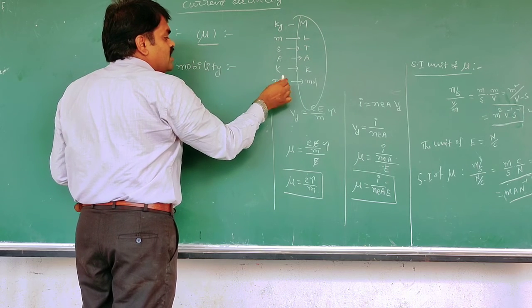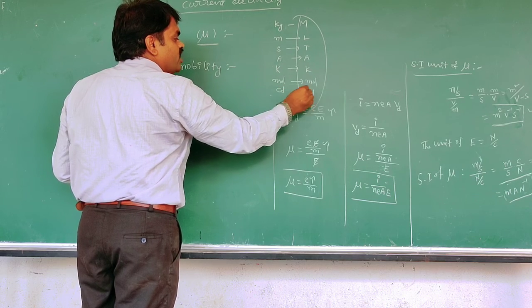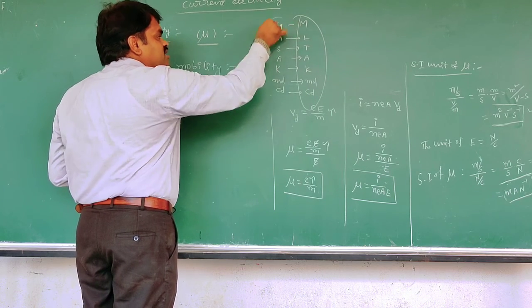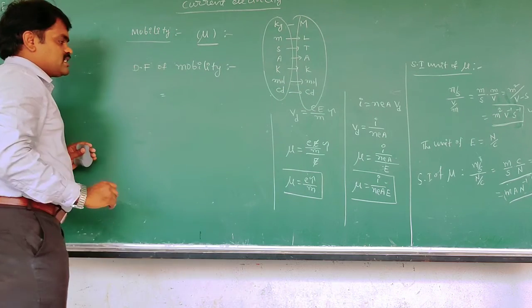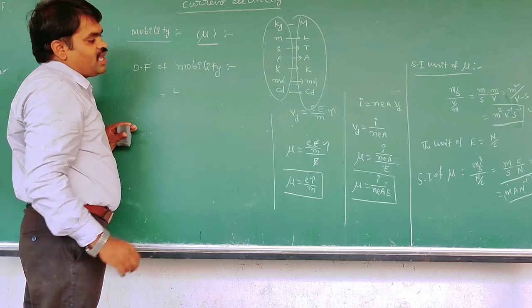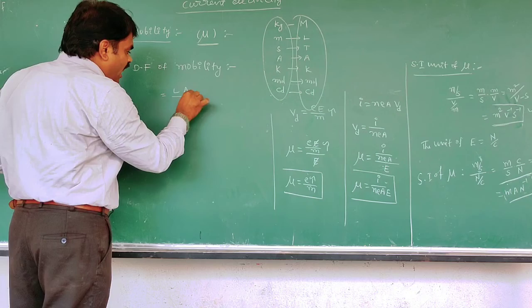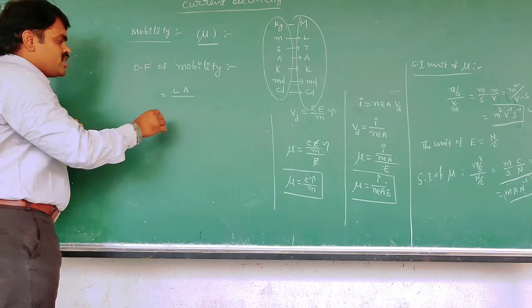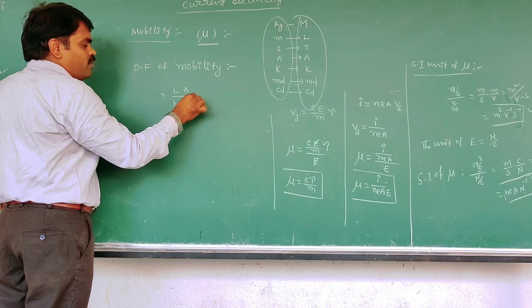And here intensity is candela. These are the SI units and the corresponding dimensional formulas. Now meter is L, ampere is A. But we know the dimensional formula of Newton is M power of 1, L power of 1, T power of minus 2.